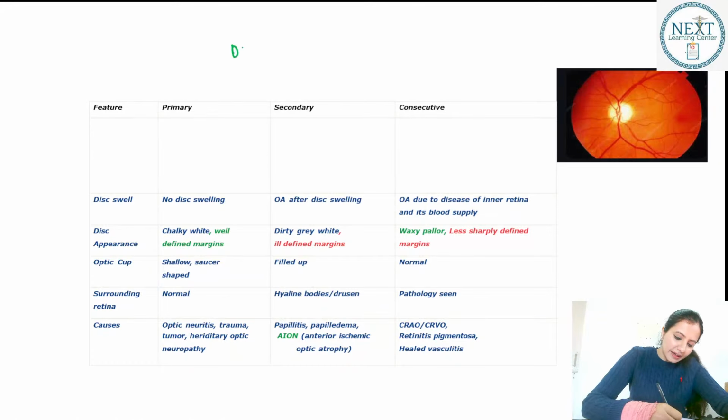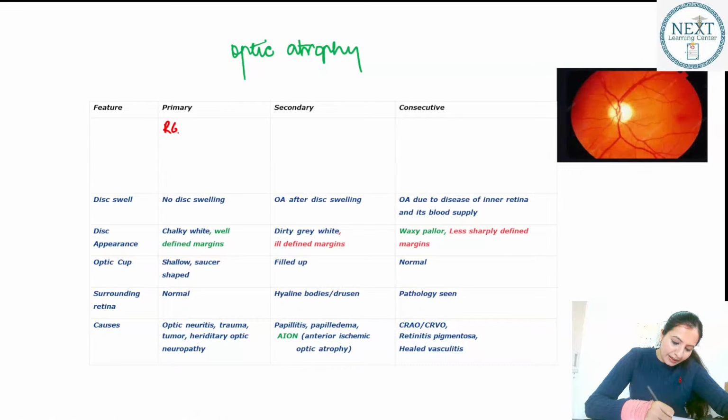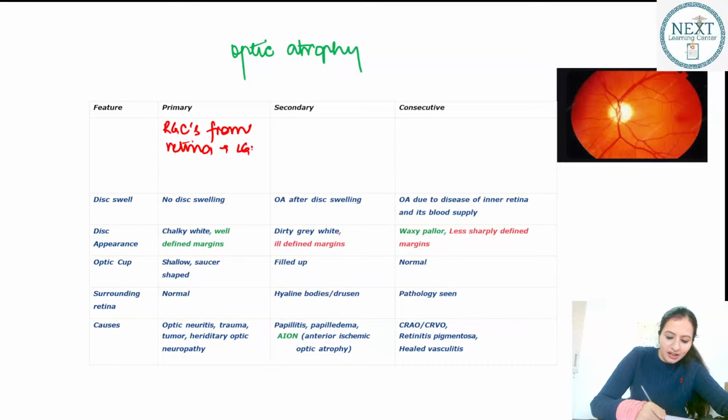Looking at another entity, that is optic atrophy. So it can be primary, secondary or consecutive. Primary is occurring when your retinal ganglion cells from the retina to the lateral geniculate body are affected. So what happens? There is optic disc pallor.